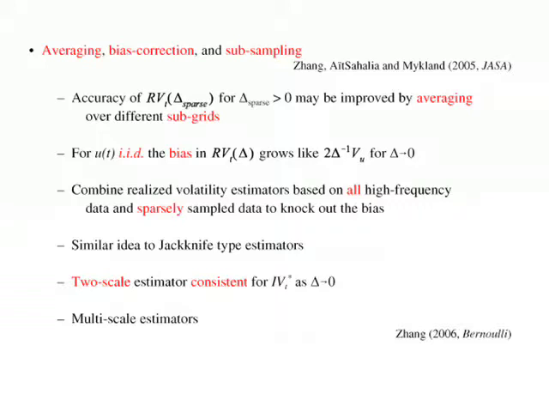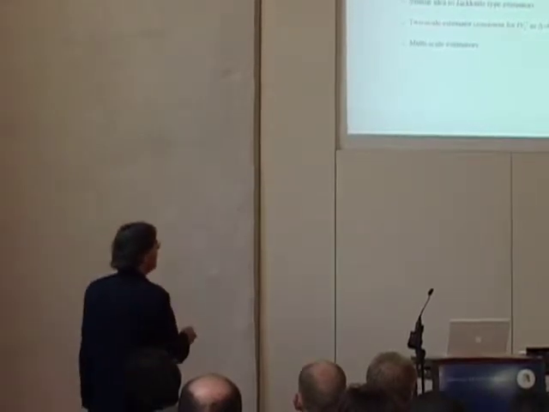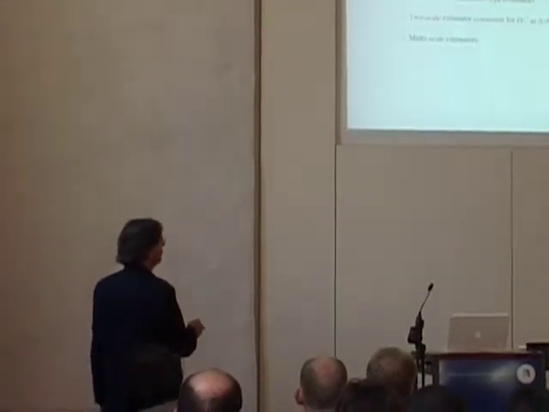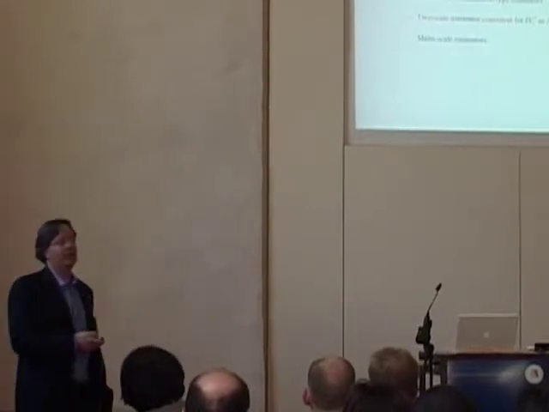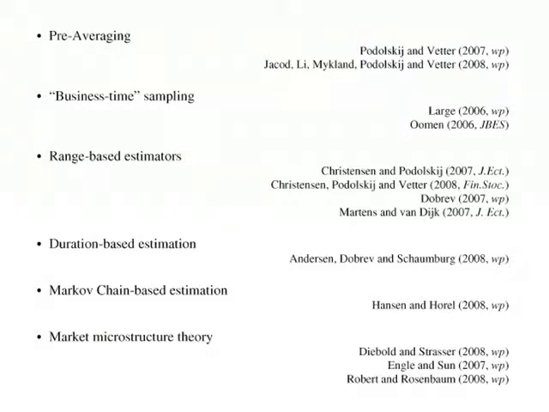So you could calculate the realized volatility using 1 minute and 5 minutes. And by knowing how the bias behaves as a function of the sampling frequency, you can in effect knock out that bias. This is very similar to jackknife type estimators that people have used for a long time in time series econometrics. You can do that using 2 scales, or you can use multiple scales. Okay. So these, I think, were the first market microstructure robust ways of doing it.